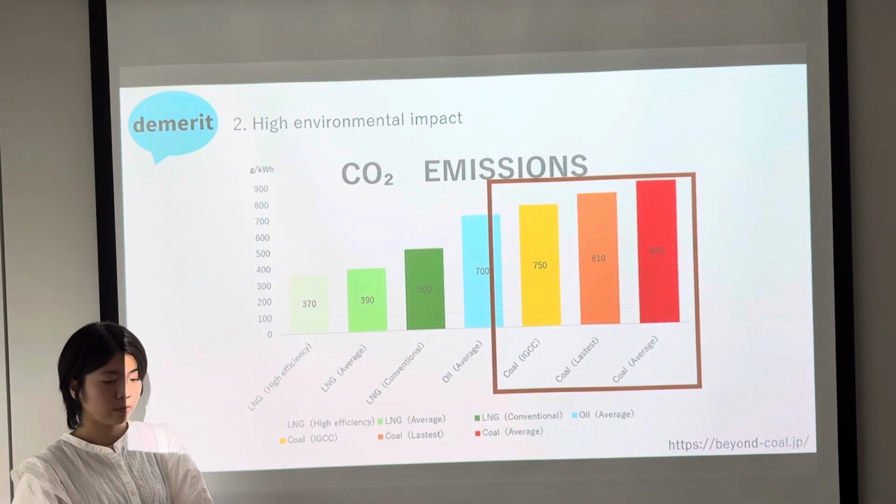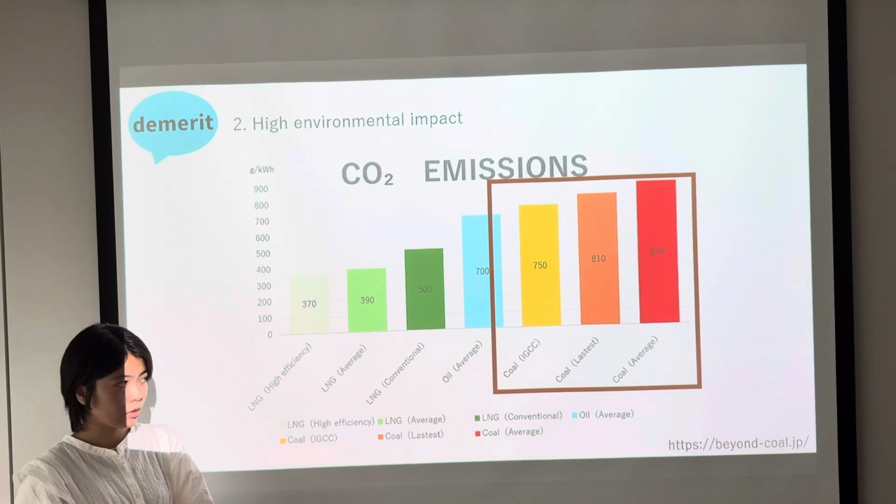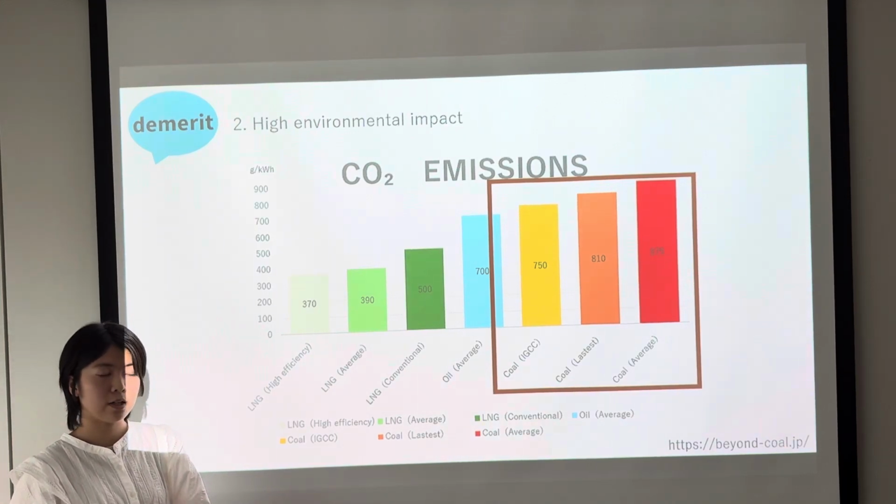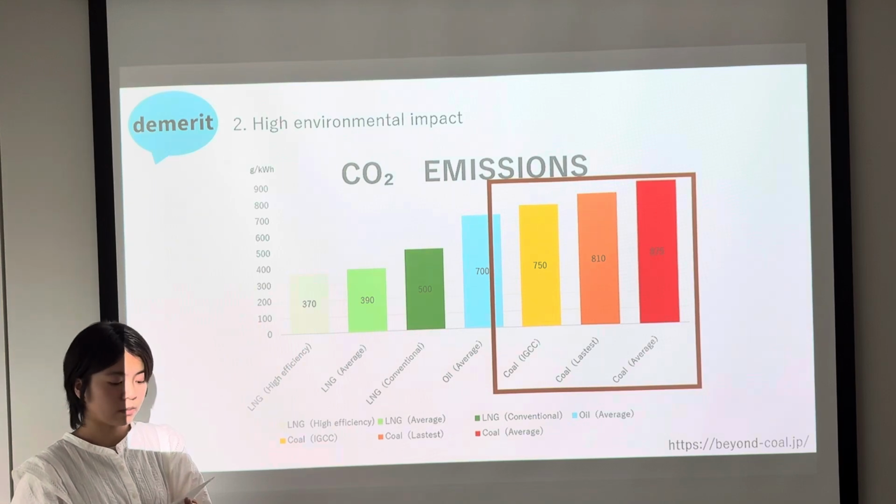As I said in part 1, coal is made of dead plants. Therefore, it emits a lot of CO2 during burning due to its very high carbon content. And for the energy it provides, it emits more CO2 than natural gas and oil.